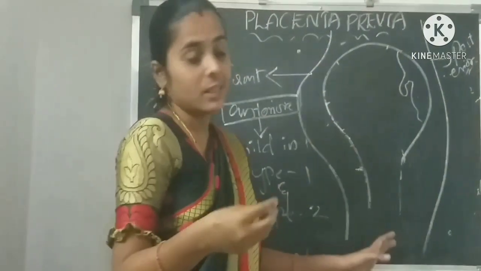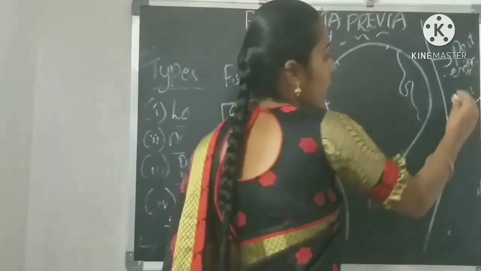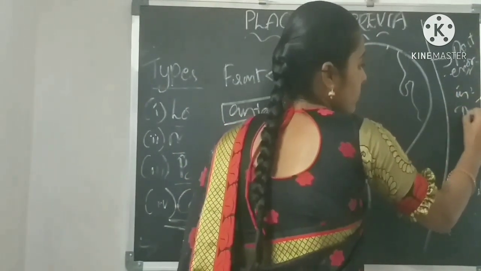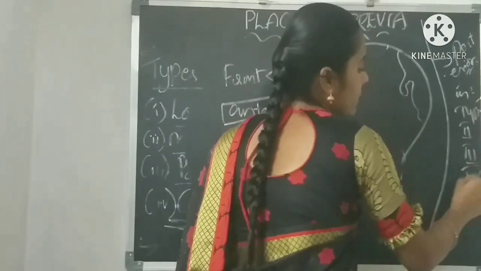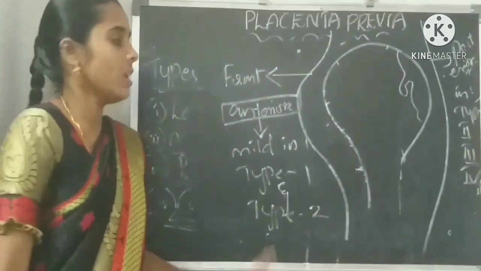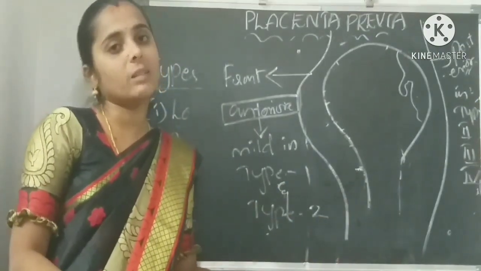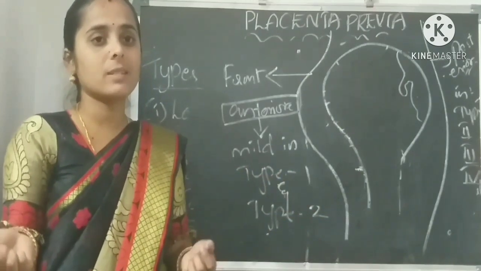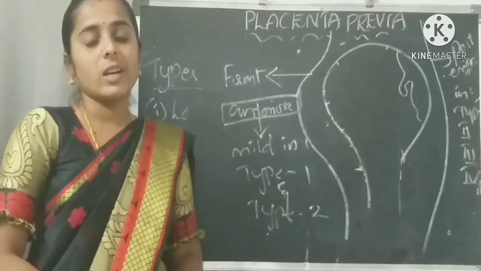If the placenta is present in a posterior position in type 2, type 3, type 4, then it is considered severe. I think you have understood the types, what is meant by anterior placenta and posterior placenta, and which degree is considered mild and which is considered severe.